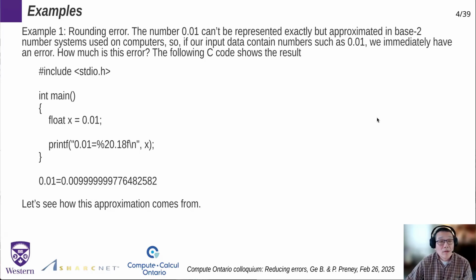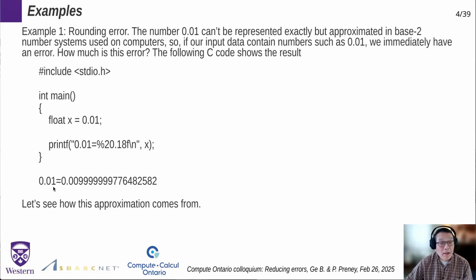This C code shows something interesting. It is a very short code. We define a variable x, which has a value 0.01 stored in the single precision floating point format. And then we print it out in a full precision representation.